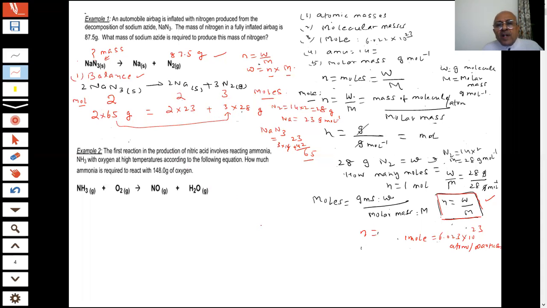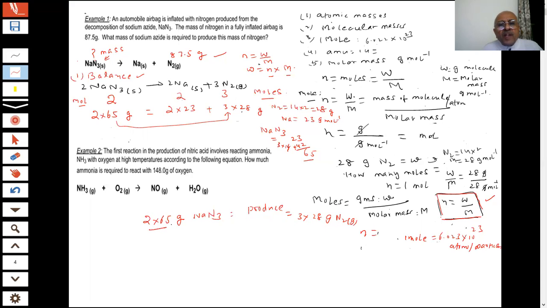In other words, students, I am saying here that 2 into 65 gram of NaN3 will produce how many grams? 3 into 28 gram of nitrogen. Okay?